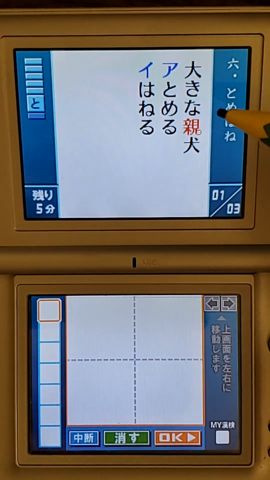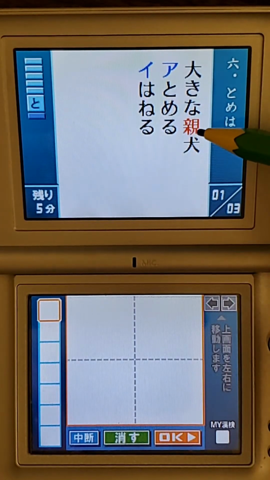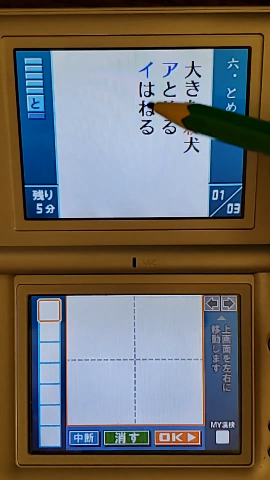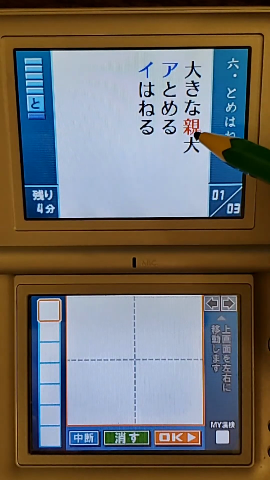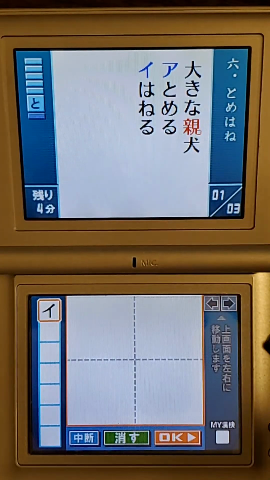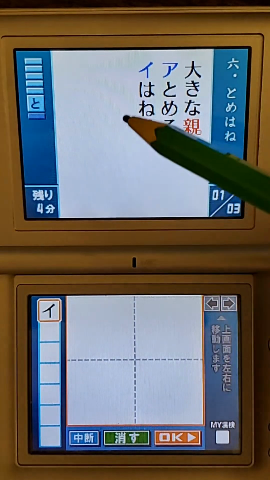So this part of the level, it gives us the kanji in the little circle there, and it wants us to put if it stops, tomeru, or haneru, if it flings out. This is, it flings out, so haneru. It's almost always haneru. Sometimes we get tomeru, but almost always it's haneru.